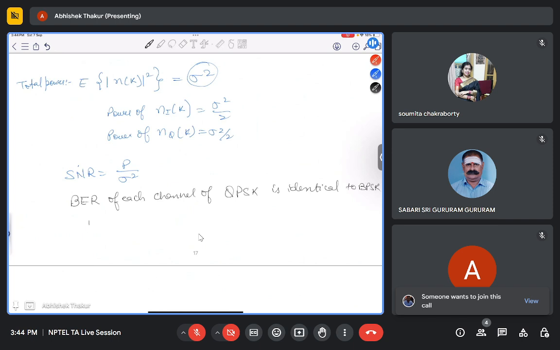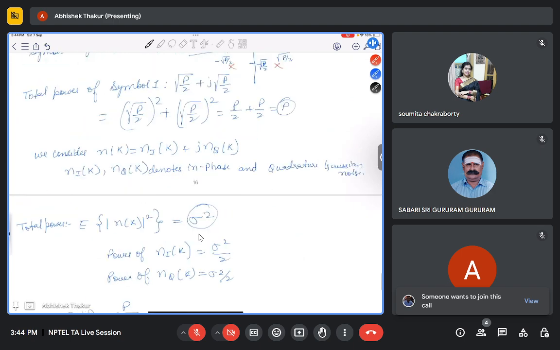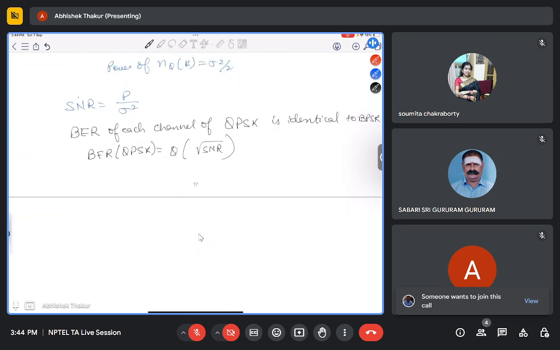So the bit error rate of QPSK is the same as that of BPSK, but there will be a symbol error rate here. Symbol error rate means sometimes there will be 2 bits in error, but there will be only one symbol error, because one symbol consists of 2 bits in QPSK.